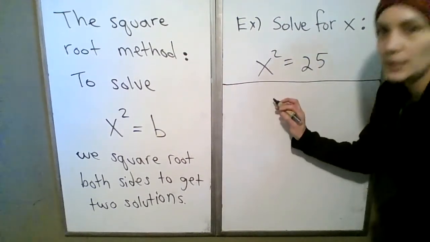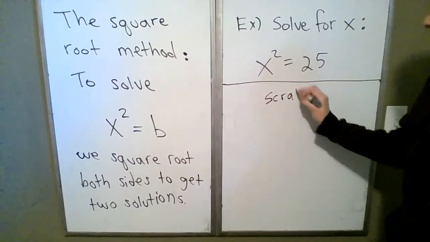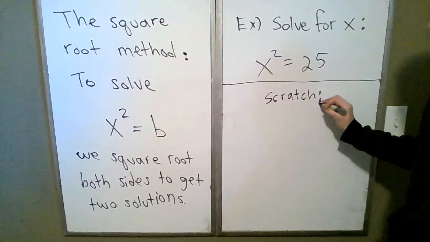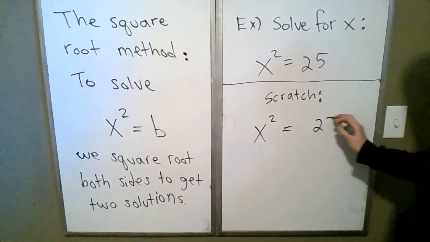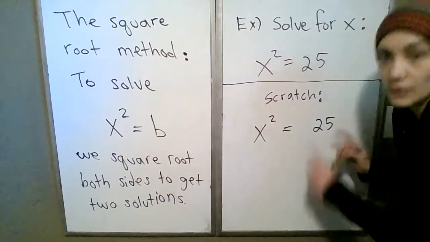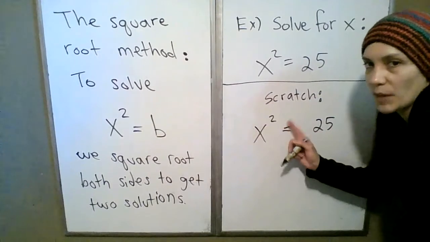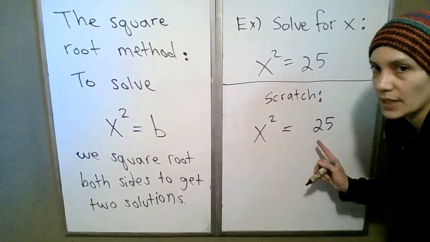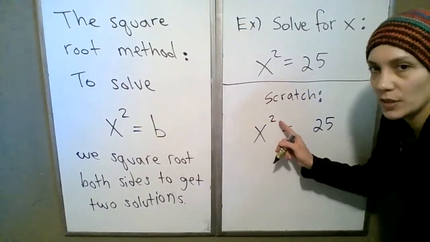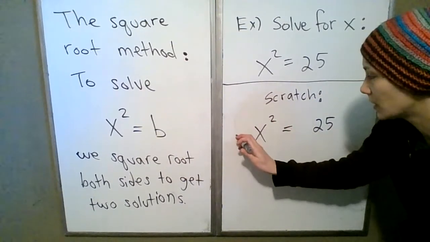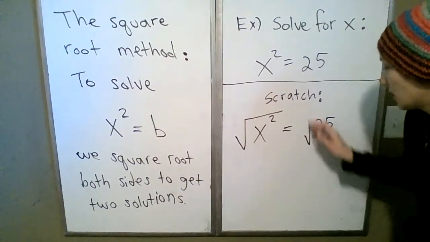Just to start, I would copy this part down. Square root both sides. Where, let's say you had a power 3, then I would cube root both sides. You want to take care of this exponent. So if I have a power 2, I would use a root 2. Same thing to this side.